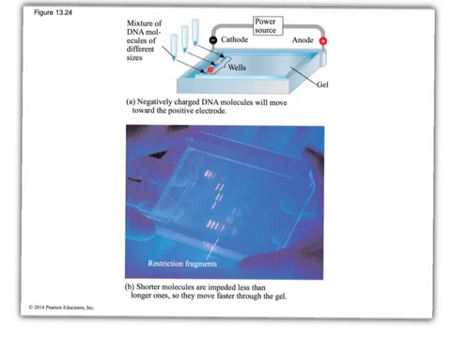The purpose of the gel is to provide resistance. The smaller the DNA, the less resistance it has, or the more ability it has to move through the gel. The bigger the DNA, the more resistance it has and the less ability it has to run through the gel. Smaller DNA runs further.